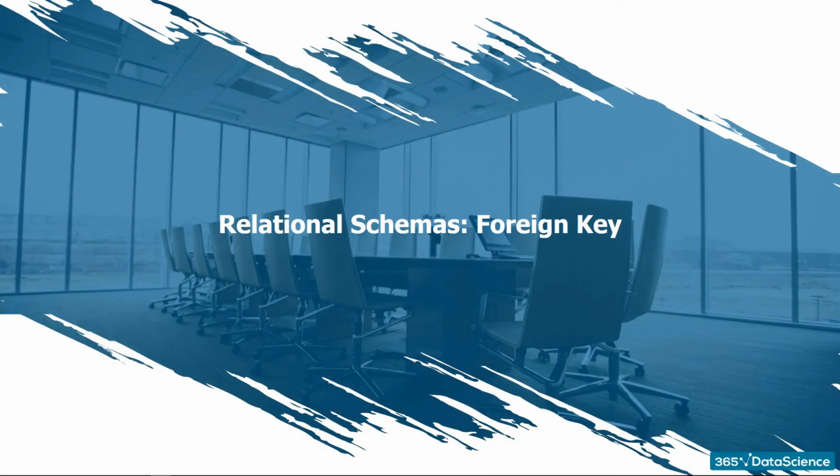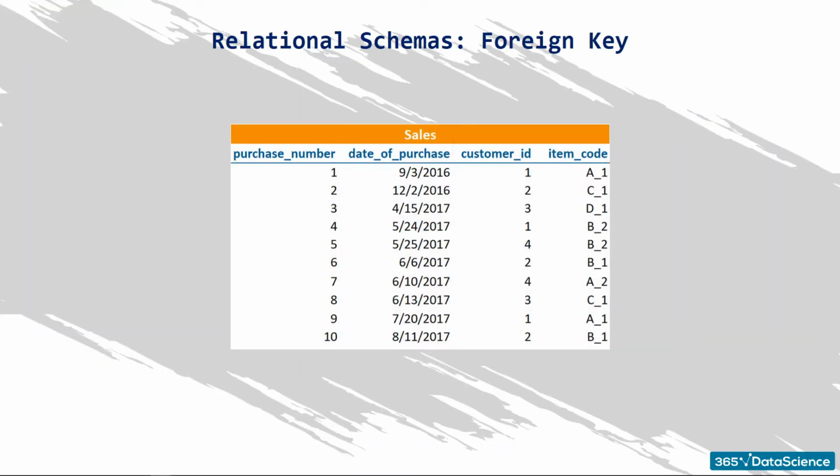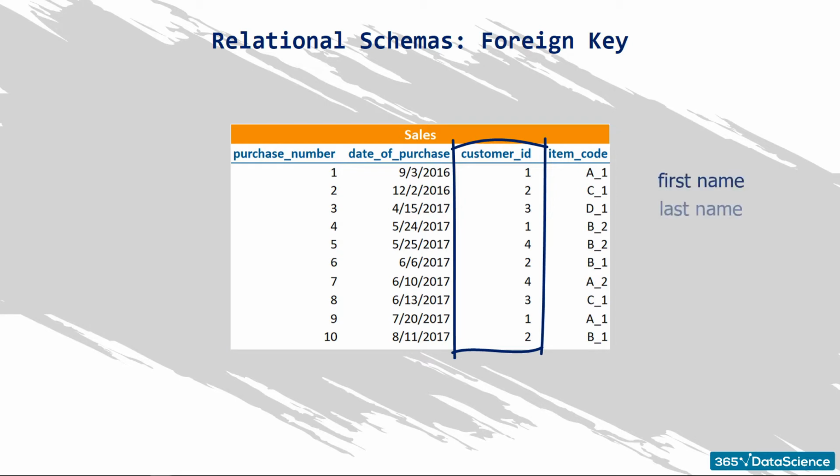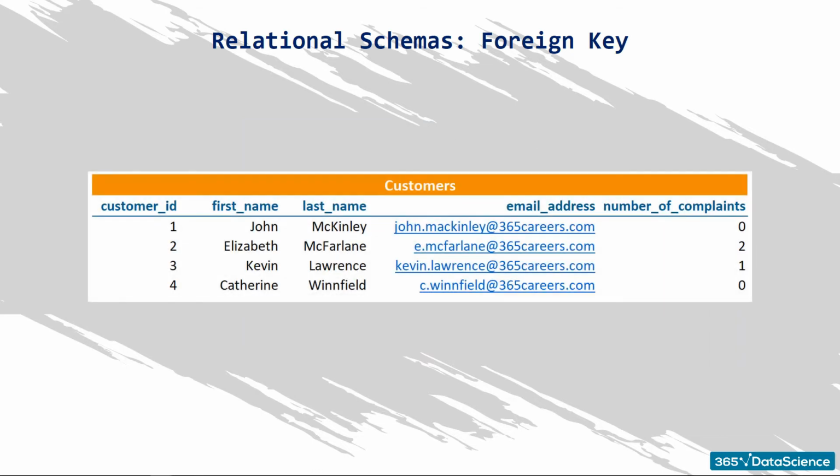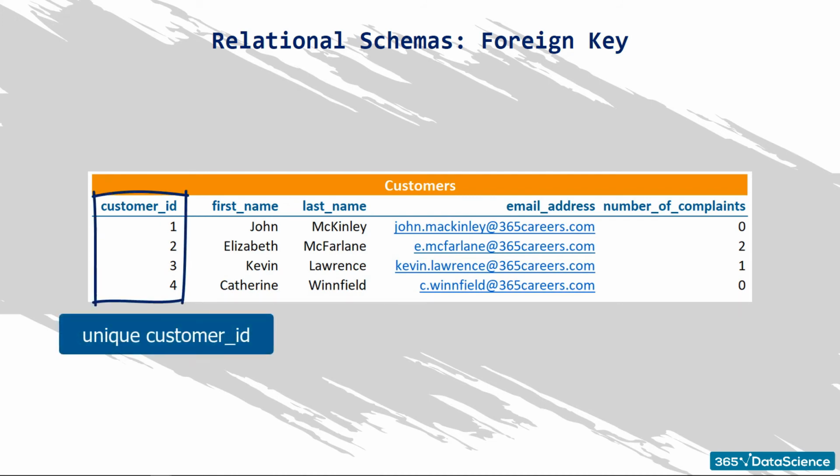All right, excellent. The customer ID column does not give away much information about the purchaser, does it? We will store her first and last names, email address, and number of complaints submitted in another table called customers. Here is a table containing all these fields, as well as a customer ID column, which is unique.